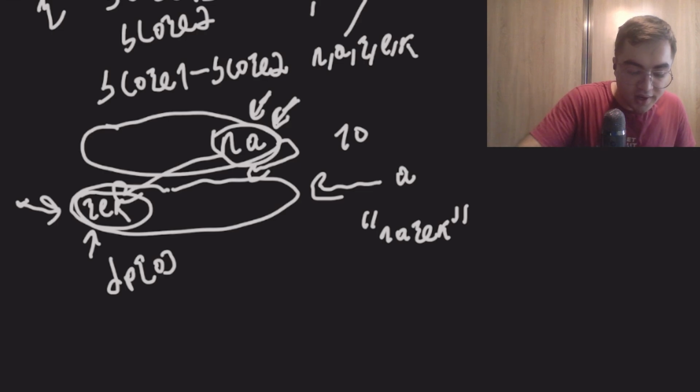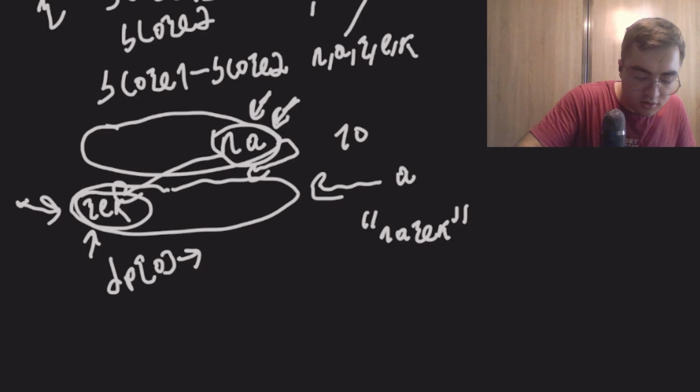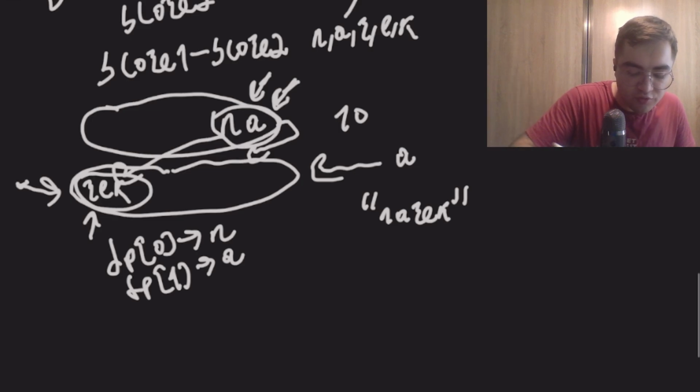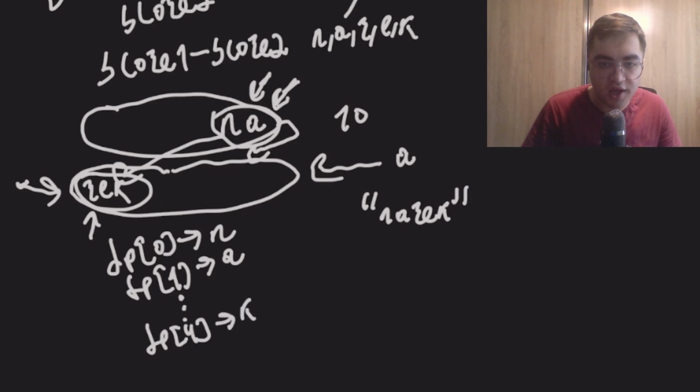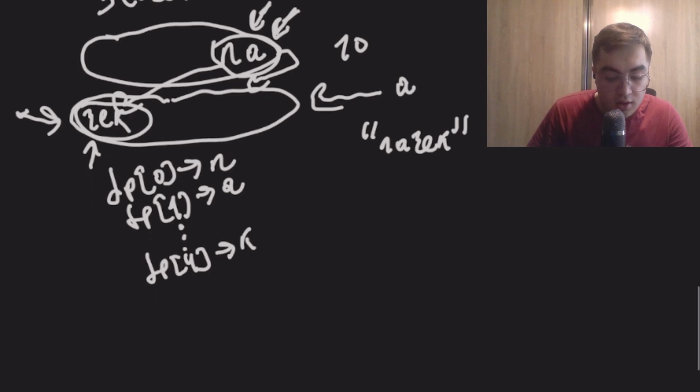So we're looking for N. dp1 similarly would mean we are looking for A, dp2 for R, dp3 for E, and dp4 for K. So dp4 means we're looking for K. Okay.